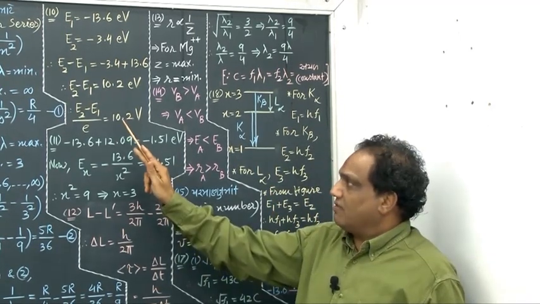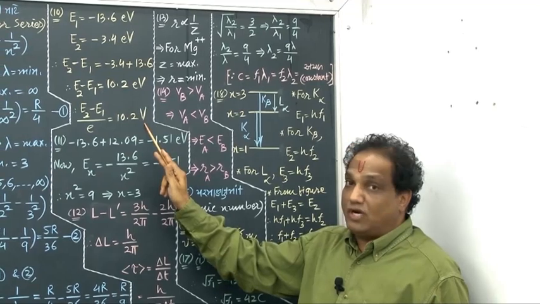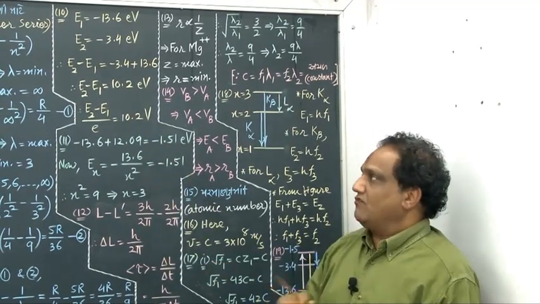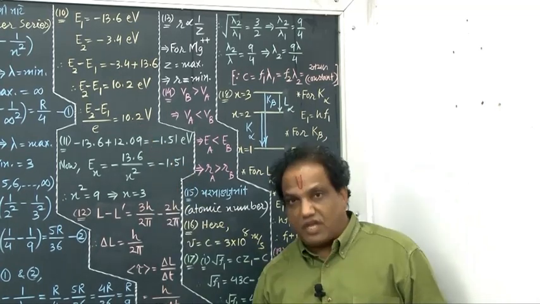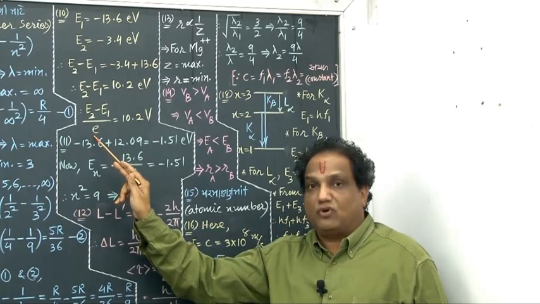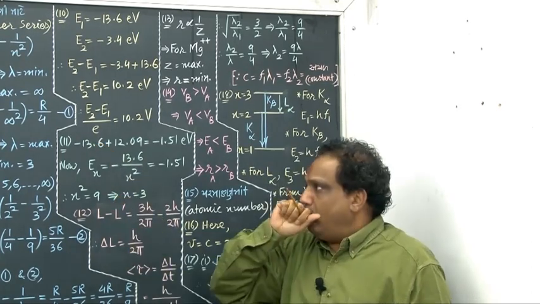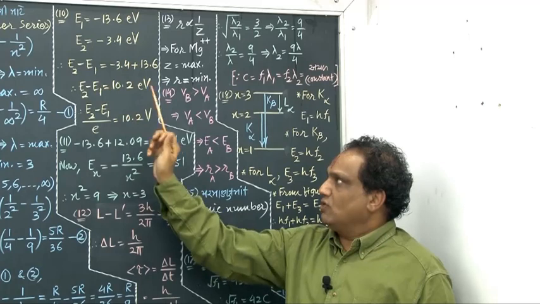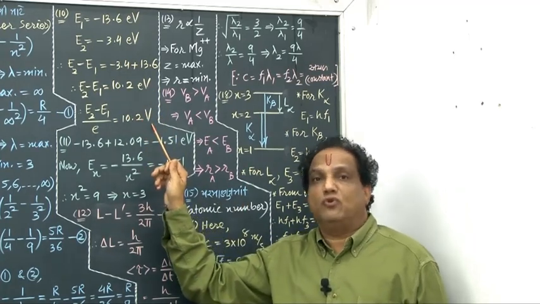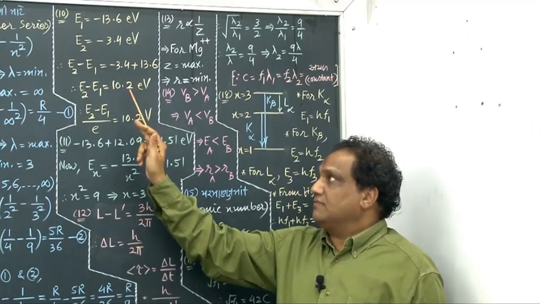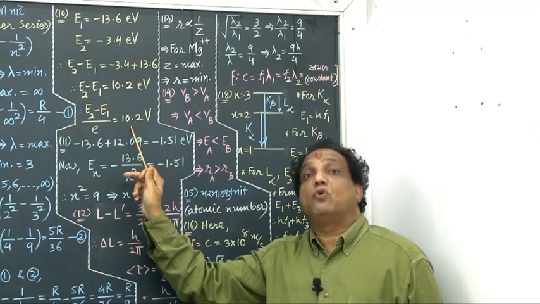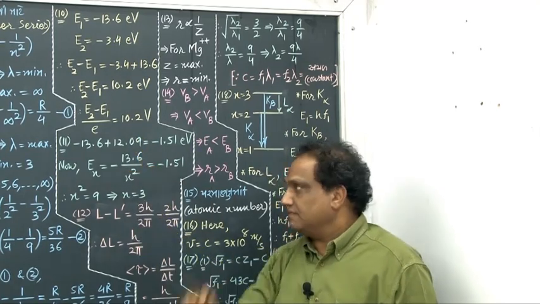So the excitation potential will be 10.2, and write the unit as volt only because potential has unit volt. The formula for excitation potential is excitation energy divided by the magnitude of the charge of the electron. When you divide both sides by e, the answer is 10.2 volt. I repeat, this is the minimum excitation energy, and this is the minimum excitation potential. Okay, fine.